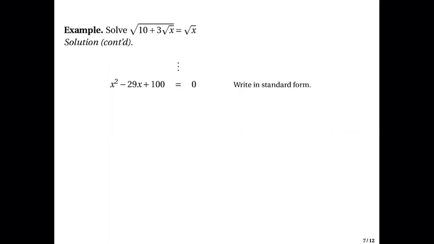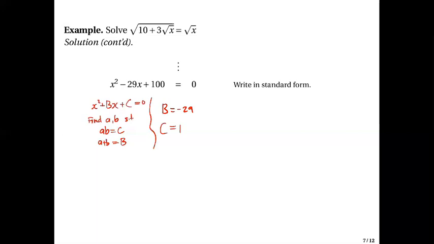So in here, you have your x squared plus bx plus c equals 0. So you want to find small a, b, such that the product AB equals C and A plus B equals B. So from here, our B is equal to negative 29.